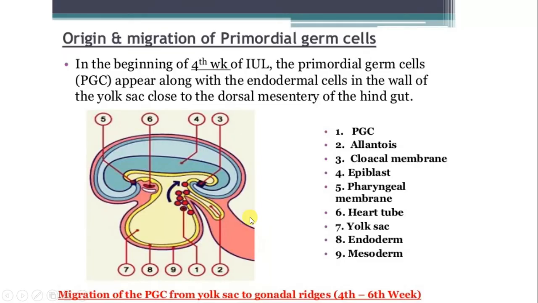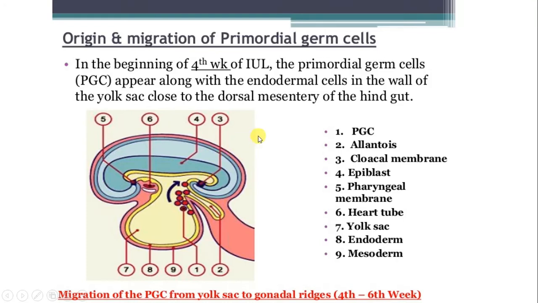Now, we see the origin and migration of the primordial germ cells, which occurs in the beginning of the fourth week. The primordial germ cells appear among the endodermal cells in the wall of the yolk sac close to the dorsal mesentery of the hindgut.